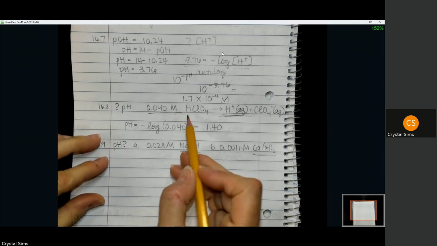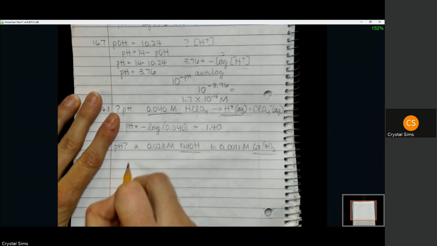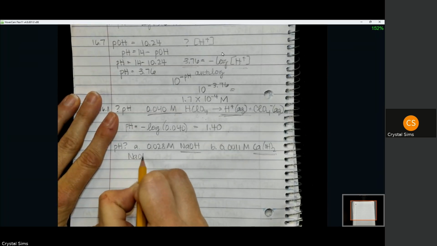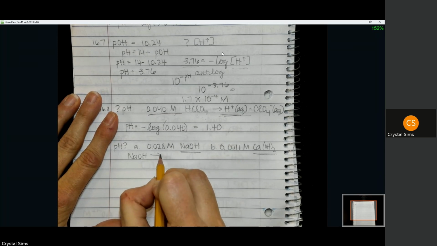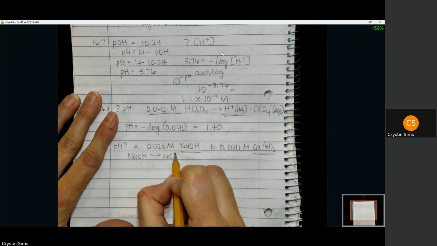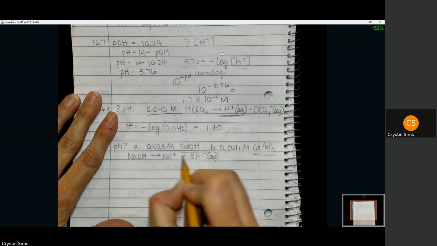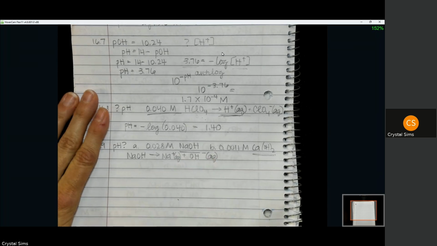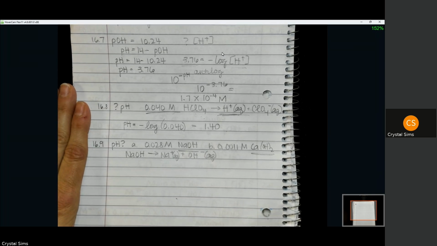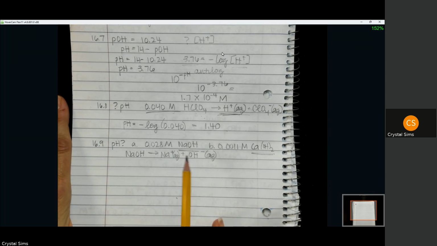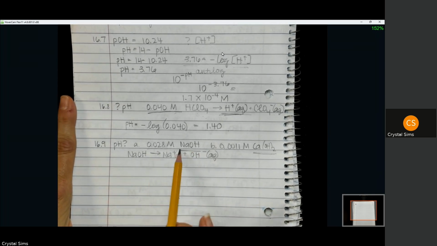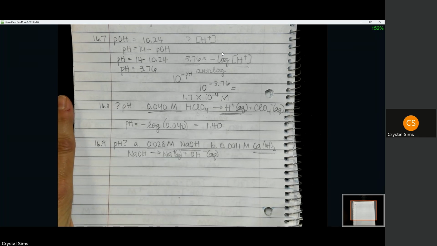So kind of like our perchloric acid here, when it dissociates, so when we put it into water, it will completely dissociate into its individual ions. Okay, so then the concentration of the hydroxide ions is equal to the molarity of the solution.